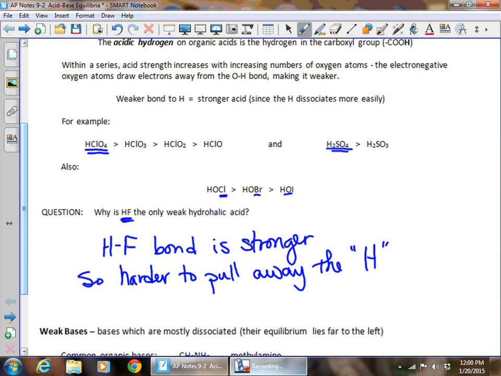So think about it. If you don't get those hydrogens pulled away, then you're not going to have a strong acid. You must have those hydrogen ions floating around in order to have the acid be a stronger acid.